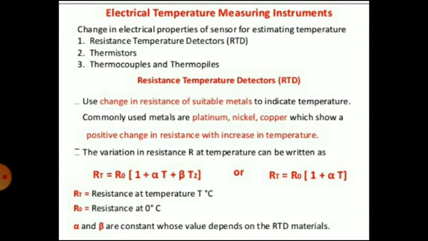The resistance of a conductor changes when its temperature is changed, and this effect can be used for measurement of temperature. So we use the change in resistance of suitable metals to indicate temperature. An RTD is an instrument used for measurement of resistance which has been calibrated to read degrees of temperature instead of units of resistance. Platinum, nickel and copper are the most commonly used materials.